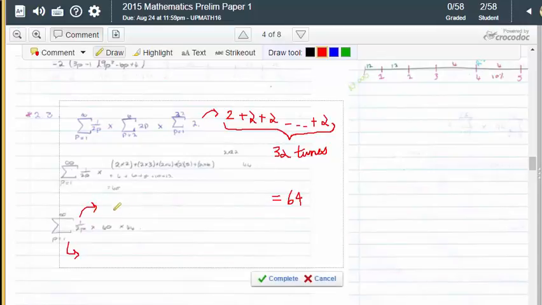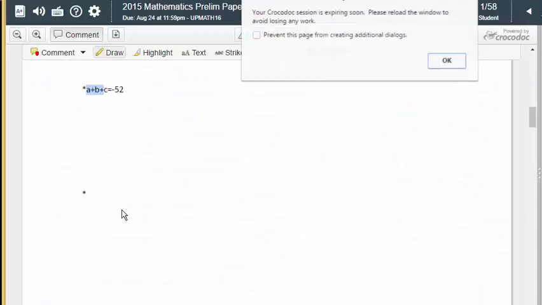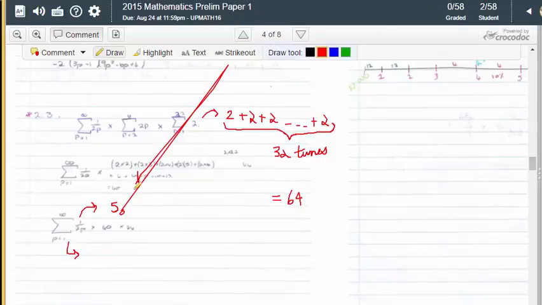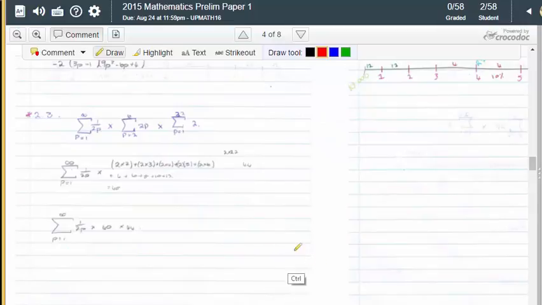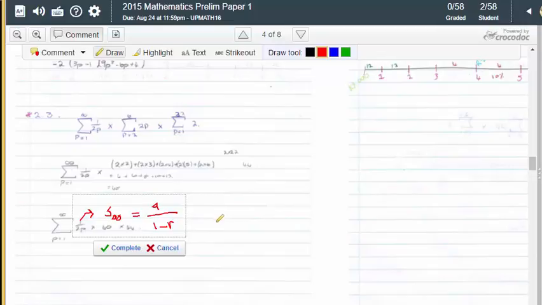For that one, I need the sum to infinity. So the sum to infinity is a over 1 minus r, and that's why I say we need the first term and the constant ratio. So what is the first term? Well, if p is equal to 1, my first term is a half. So a is equal to a half.